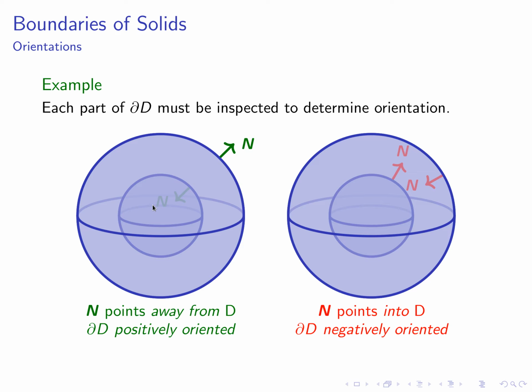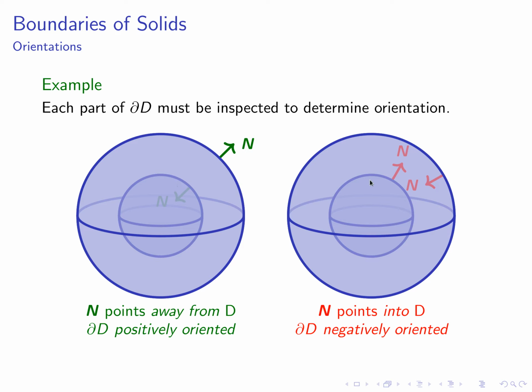In this case, positive orientation means both shells have a normal vector that points away from the domain. So we need our outer shell to have a normal vector that points out of the sphere. And since the domain is between this outer sphere and this inner sphere, the inner sphere needs to have a normal vector that points into itself, because the domain here is in between the 2 spheres.